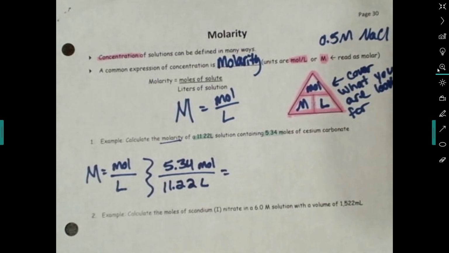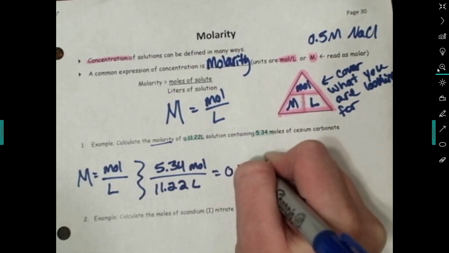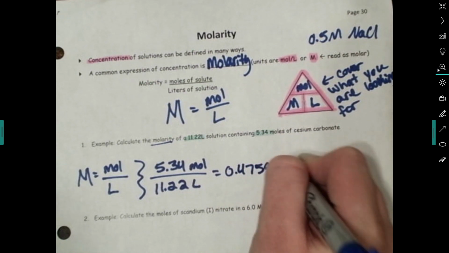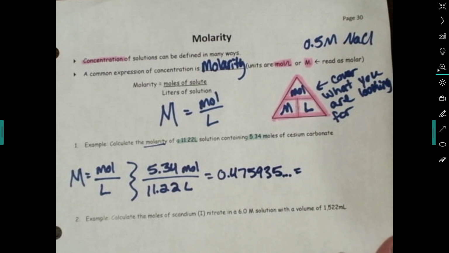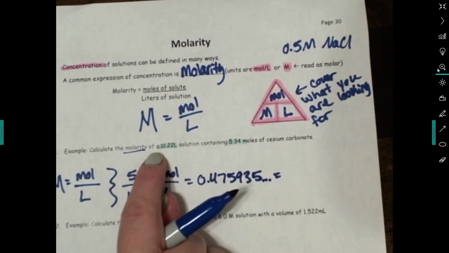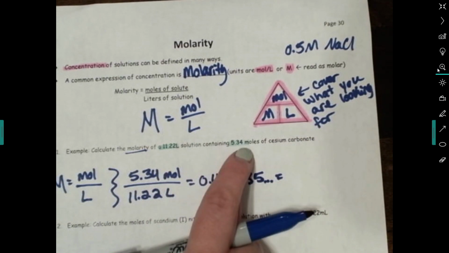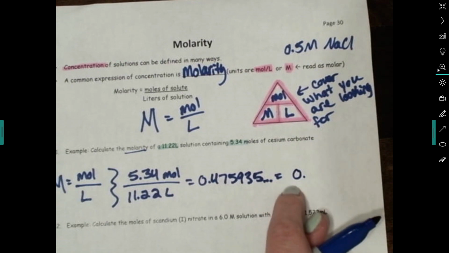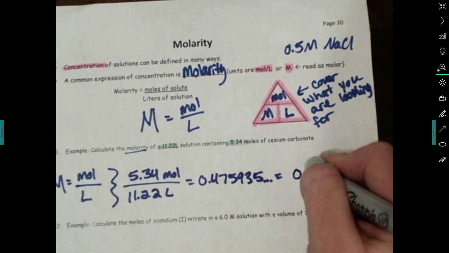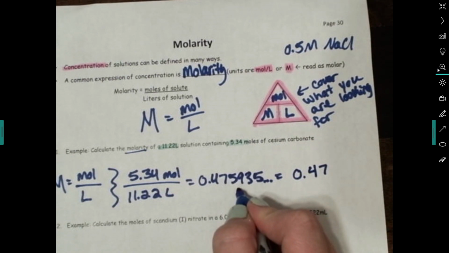So I'm going to write my unrounded answer first. So I got 0.475935 dot dot dot. And then how many sig figs do I need? I have 4 sig figs here. I have 3 sig figs here. So I'm going to go with the smaller one. So my answer only needs 3 sig figs. So I'm going to go 0, because this doesn't count as a significant figure, 4, 7, and then this 9 would bump that up to a 6.